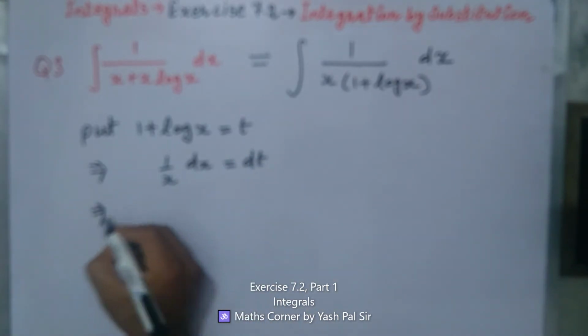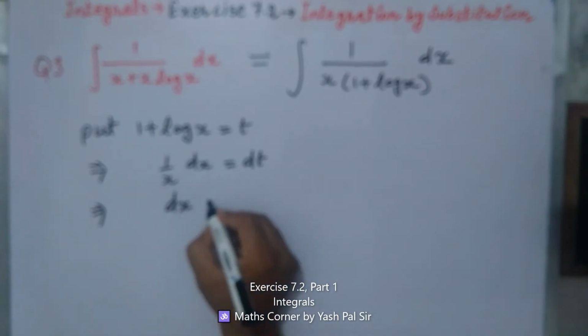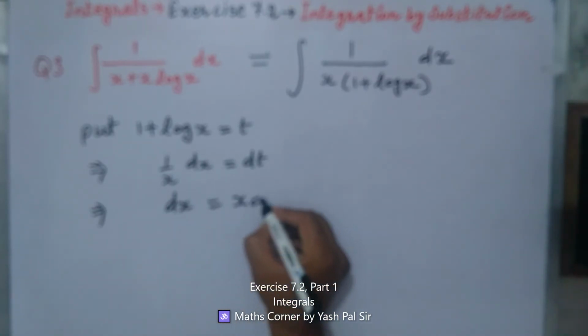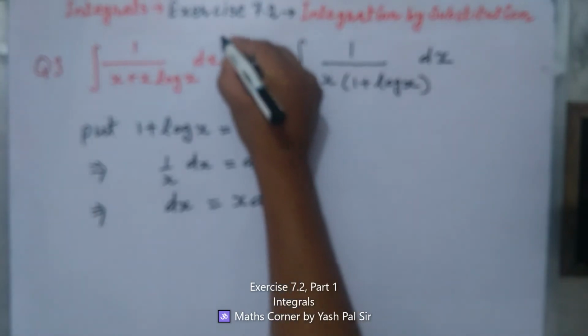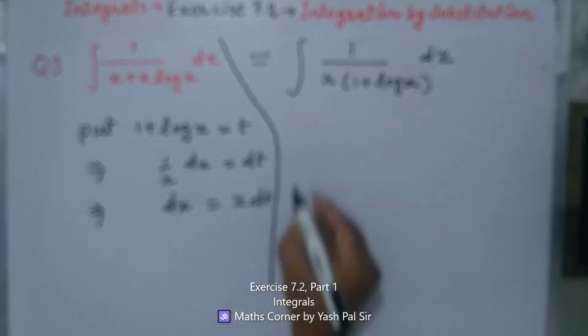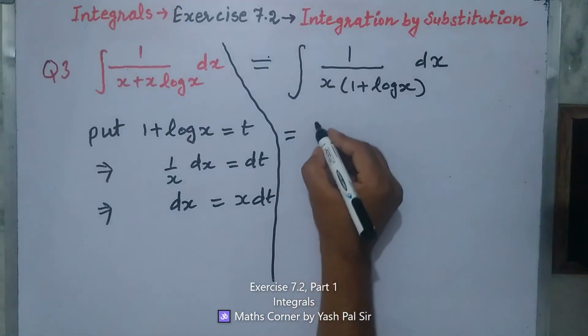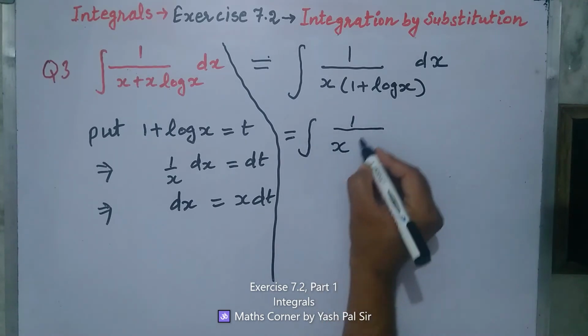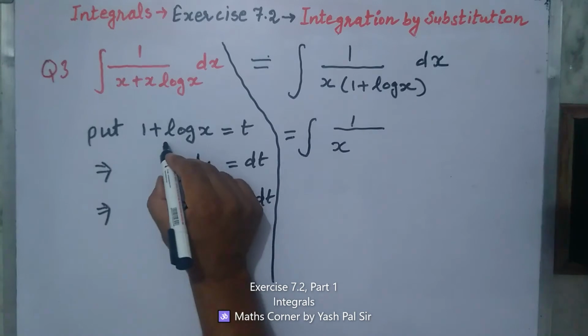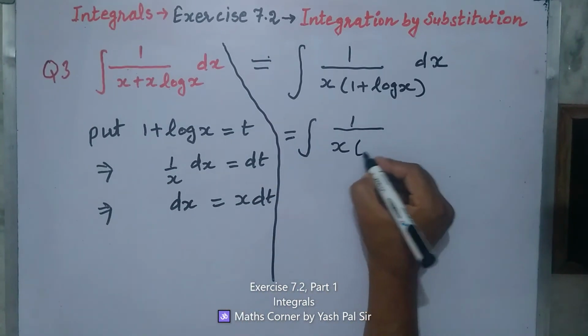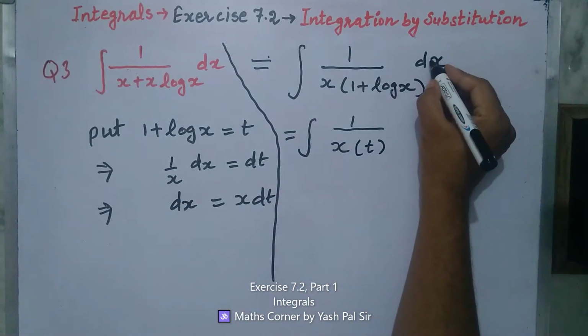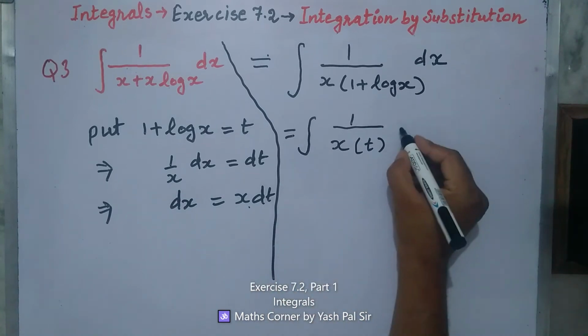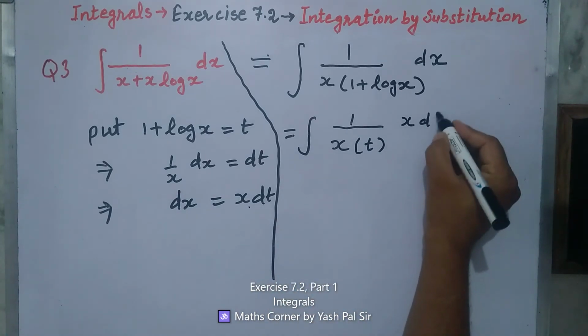That means dx is equal to x into dt. So accordingly here the integral becomes 1 upon x into this whole bracket converted into t, and dx becomes x into dt.